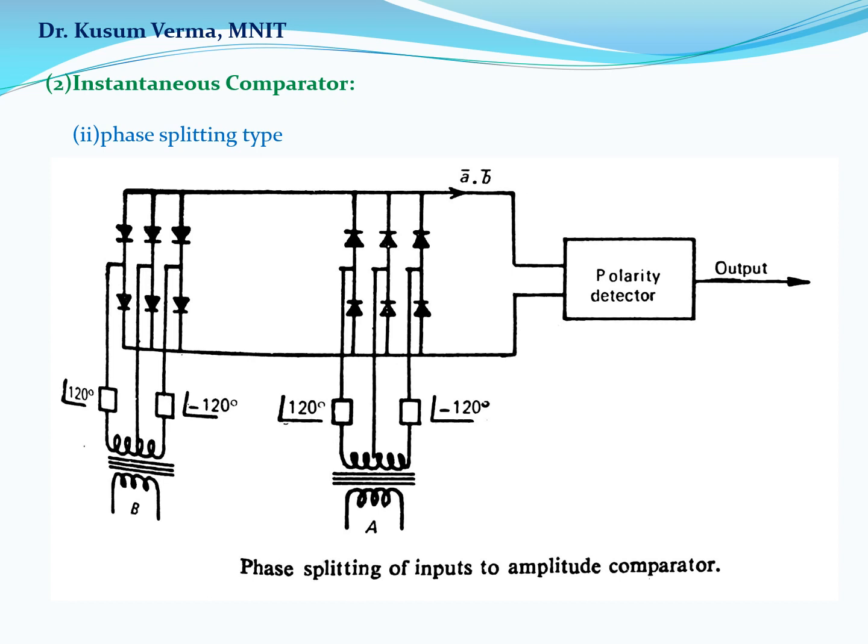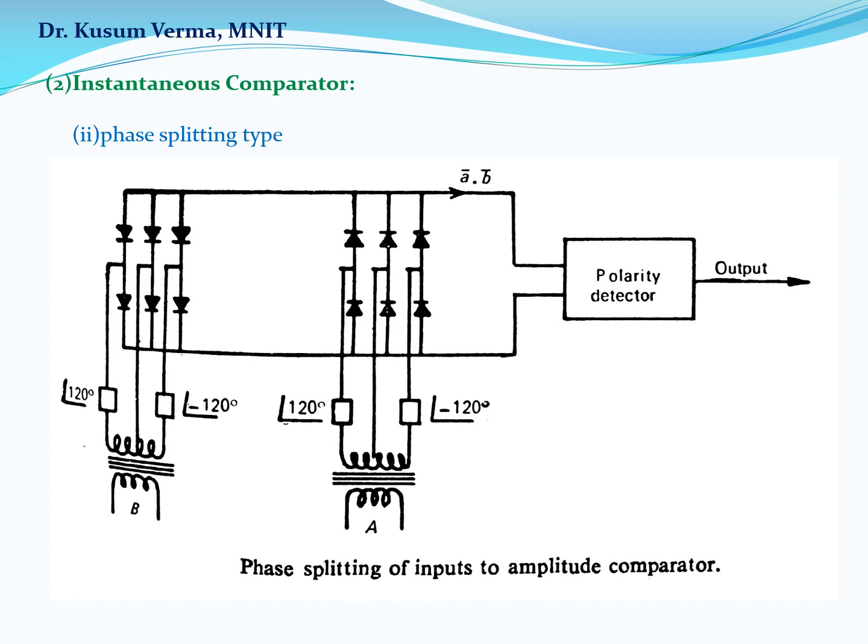The second type of instantaneous comparator is known as the phase splitting type amplitude comparator. In this type of comparator, single phase inputs are split into, say, three phase outputs and then rectified so that the output after rectification is smooth. Although smoothing can be done with filters, these circuits introduce a delay which is not suitable for high speed relaying.